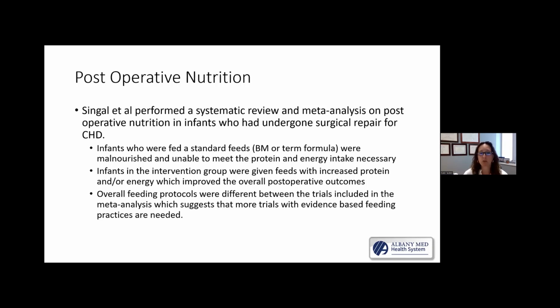And this was shown to improve overall postoperative outcomes. So overall, the feeding protocols were different in the trials that they reviewed, but the meta-analysis did suggest that fortified feeds were important for infants with congenital heart disease in terms of improving overall outcomes. But it did say that more trials with evidence-based feeding practices are needed to confirm.